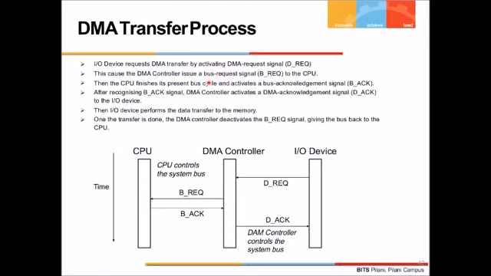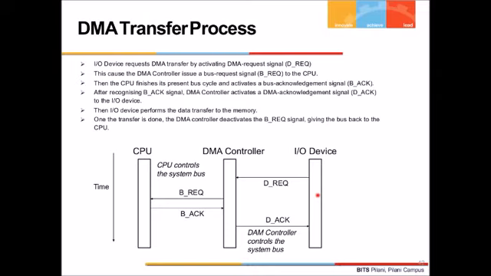So this is an example of a DMA transaction. It's a timing diagram, where time flows in this direction, or you can say it is a sequence diagram in UML terminology. There is an IO device, which is a peripheral device.